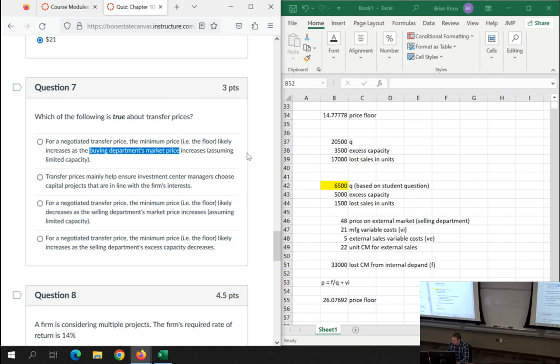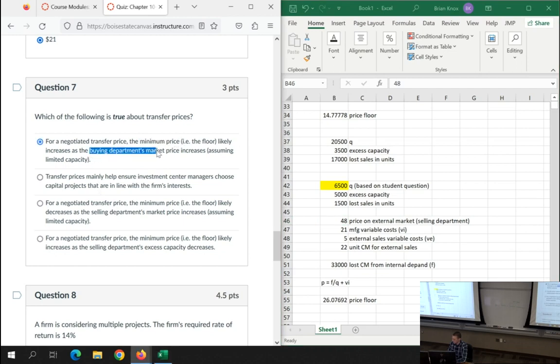It's possible that you have some sort of macroeconomic explanation, but let's leave that aside. Nothing in the calculations we're doing requires that. The selling department's market price might make a difference, but not the buying department's market price for the floor.